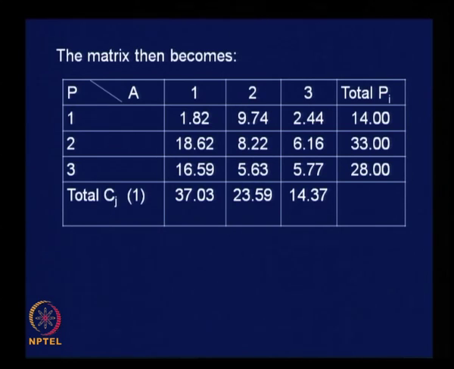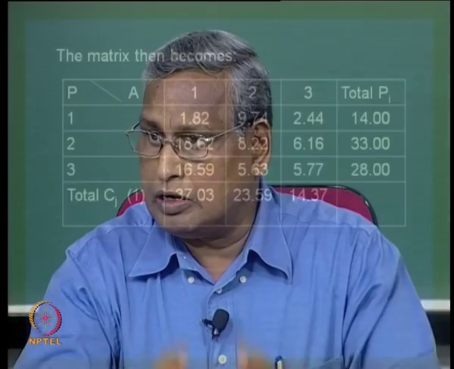Trip attraction values given to us for zones 2, 3 as well as 1 are 33, 28 and 14, similar to the numbers, but the zone numbers are different when you compare productions and attractions. Now, our aim should be to see that the sum of the cell values along each column also works out to the actual given trip attraction values.